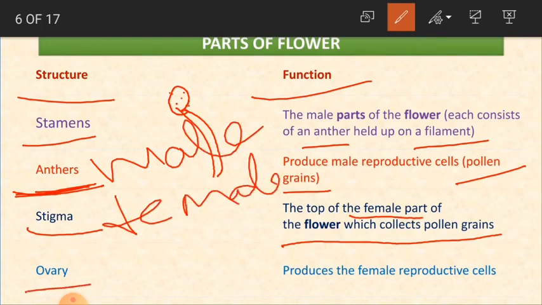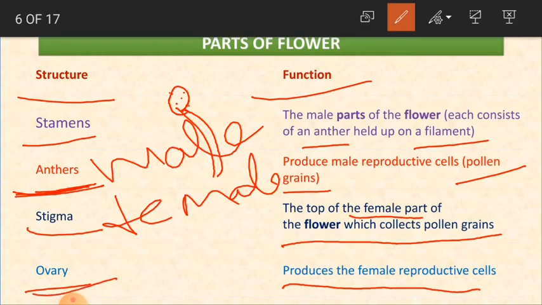What does this ovary do? It produces the female reproductive cells. In the sense, we just learned that fruits and seeds formation is taking place in the ovary.